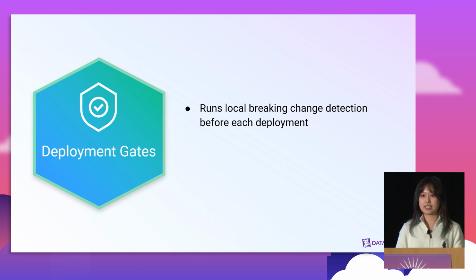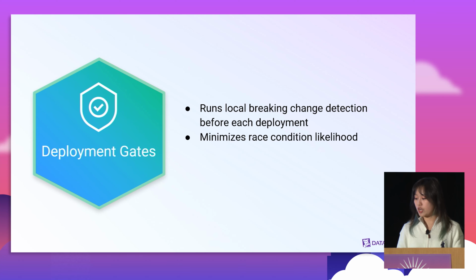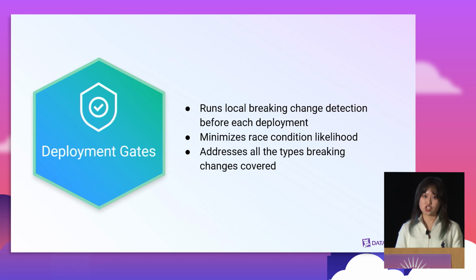If they are, you can stop the deployment, but if not, you can manually override if needed. Since this allows us to perform the check right before deployment, this minimizes the chance that a race condition is hit. And similar to the local BCD tool, it also addresses the same types of breaking changes.